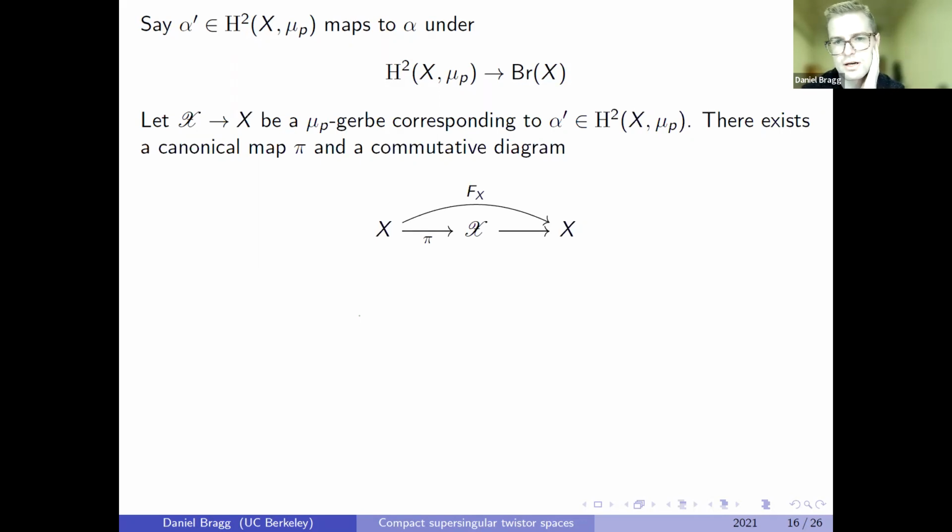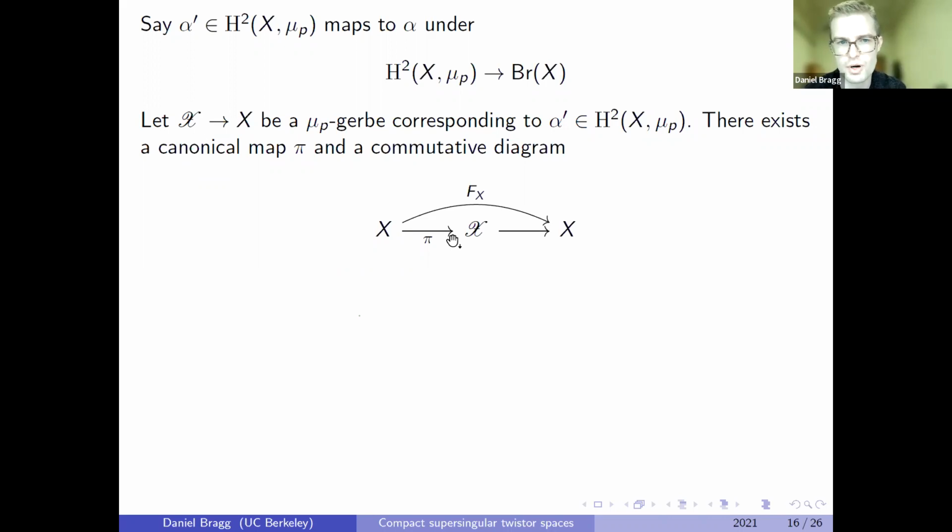Now here's one thing you can show: because we're in characteristic p and the Frobenius acts as multiplication by p, if you pull back your mu p gerbe by the Frobenius, it becomes trivial. That is, if you pull back the cohomology class in H2 of X mu p by the Frobenius, it becomes 0.